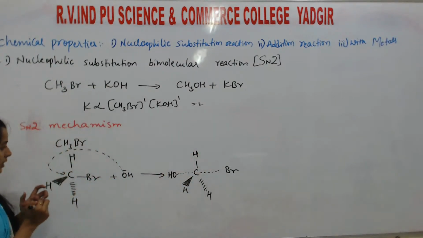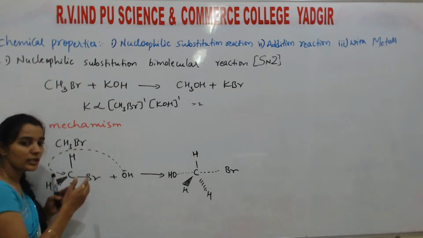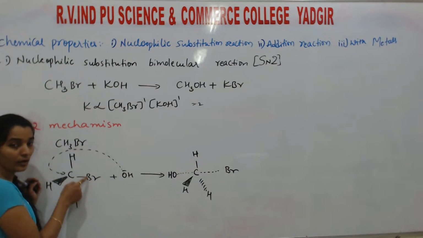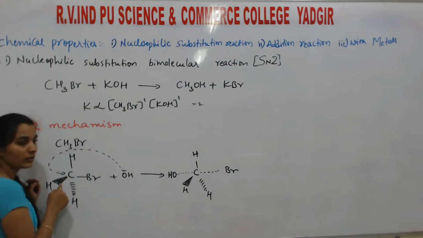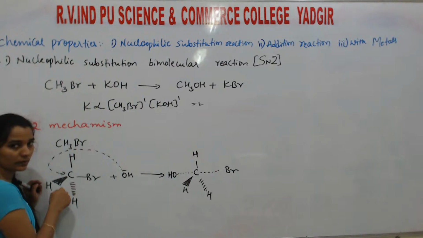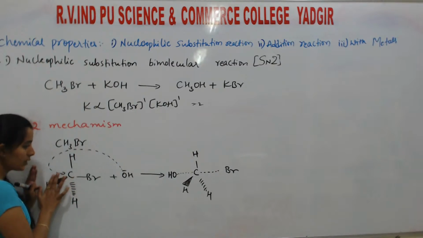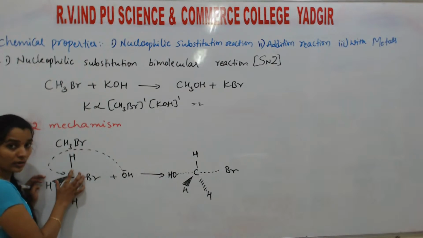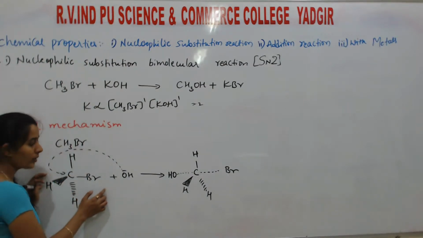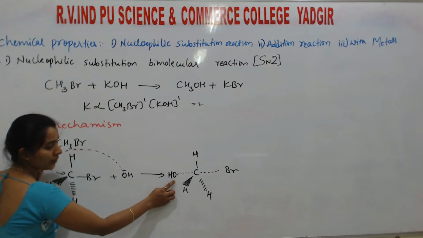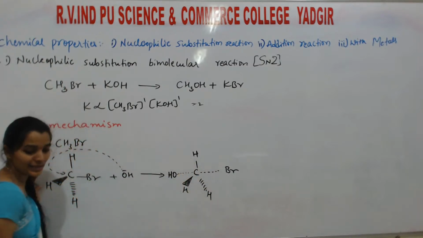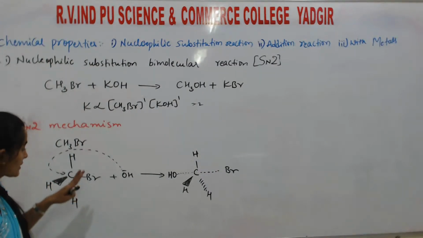So first what happens? The OH initially attacks this methyl bromide from the back side, in a backward direction. So it directly approaches the methyl bromide. Then this OH forms a bond with this carbon. At the same time, the C-Br bond breaks.